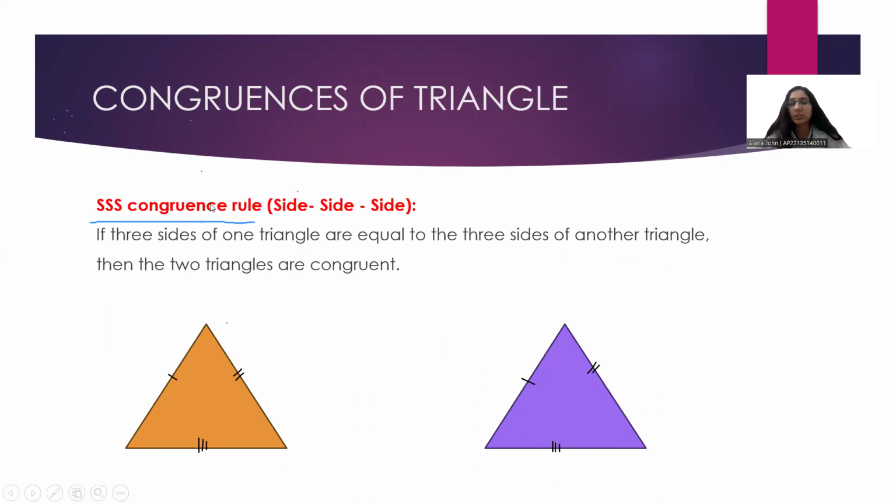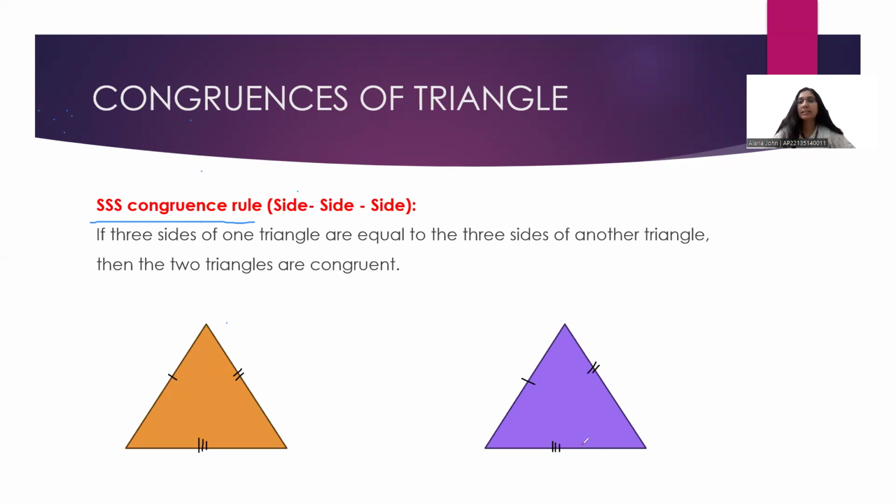Here is our third congruence rule, which is the SSS congruence rule, which means side, side, side. That is, in two triangles, if their three corresponding sides are equal, then we can use this congruence rule. Here, this side is equal to this side, and so on for the third side. The examples I have taken are only particular cases. It need not always be that this side is equal to this side; it can also be equal to another side.